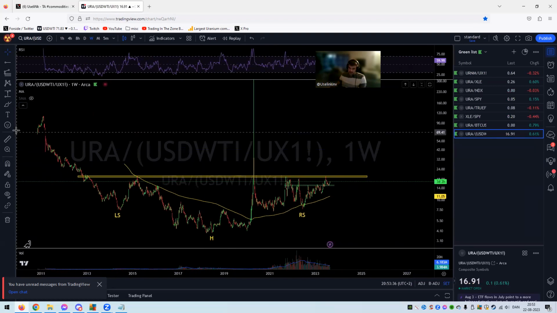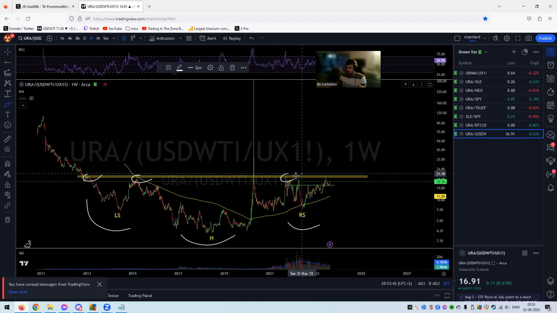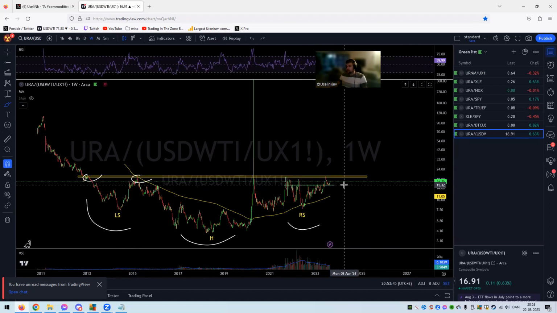But what I'm trying to show is that we have a massive long-term inverted head and shoulders right here with the neckline here. And to me, this looks like when we break it, because I think we will, that's when URA or the uranium miners is finally outperforming the input cost divided by their underlying metal, for the first time in a very long time.